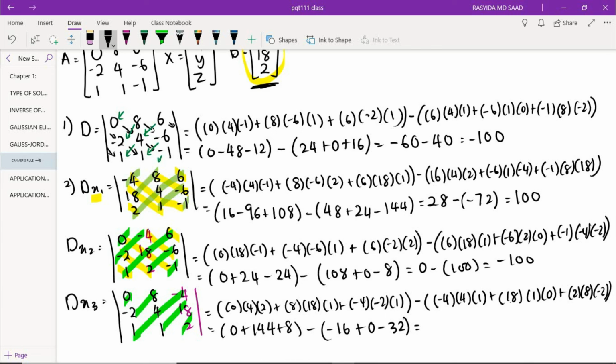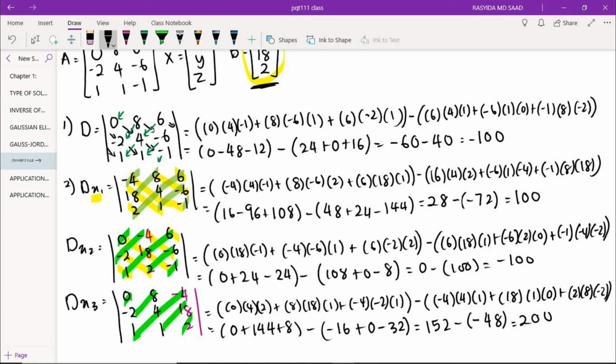Okay, then 144 plus 8, minus negative 16, minus 32, negative 48, and just by using your calculator, 152 plus 48, it will be 200.